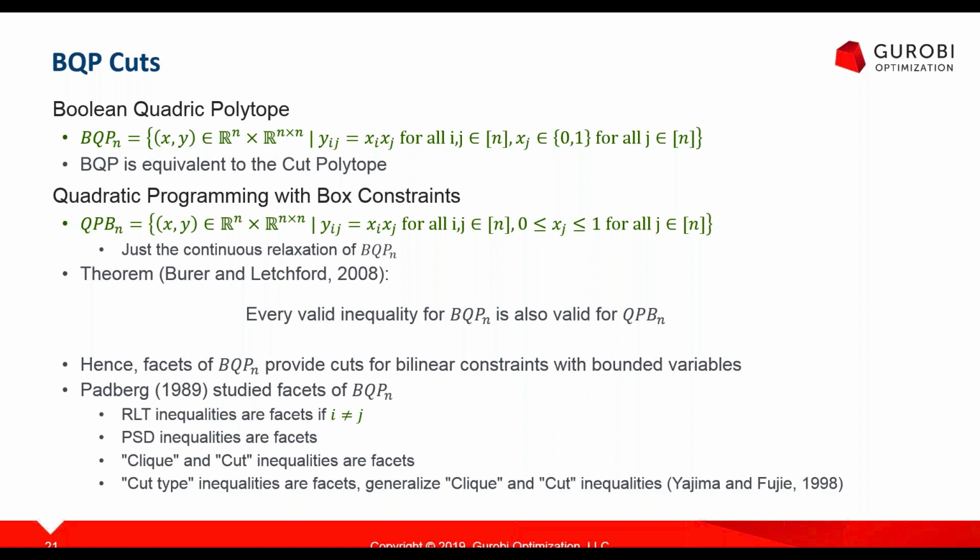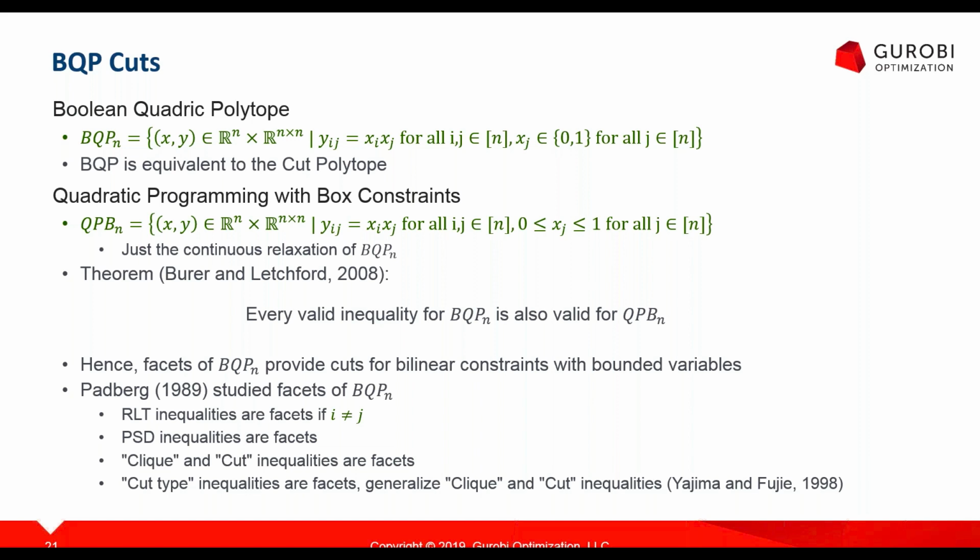So that means in linear terms, it's always the other way around, right? That the constraints for the continuous relaxation are valid for the integer polytope, but here it's the other way around, that the cutting plane or the valid constraints for the BQP are actually also valid for this continuous object.